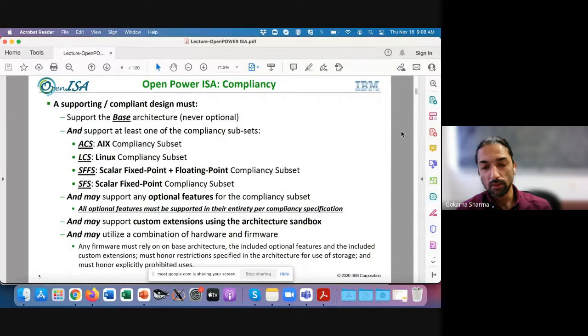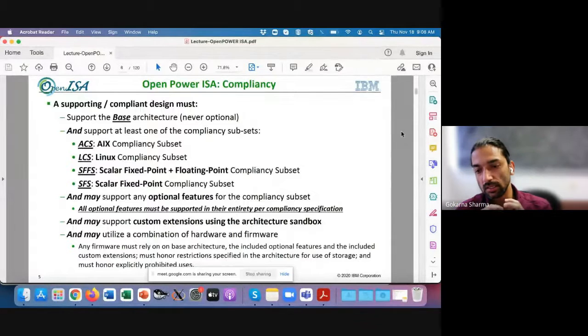Let's suppose there are 1400 instructions, and you design a custom extension instruction that is validated to be part of the instruction set architecture, then there would be 1401 instructions supported in Open Power ISA.